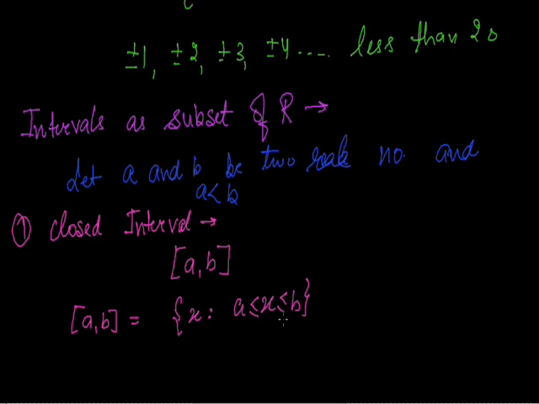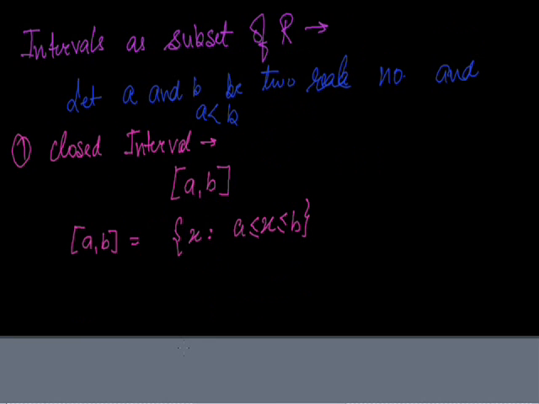Whenever the element is included, we use the closed bracket. In x, there will be A or greater than A, B or less than B. So for anything in which the element is included, like A or B is also included, we use the closed bracket.